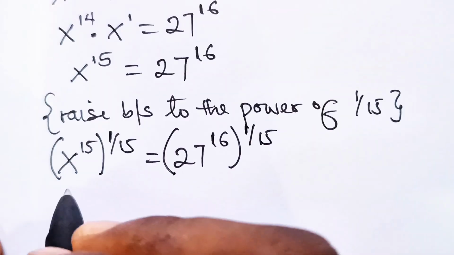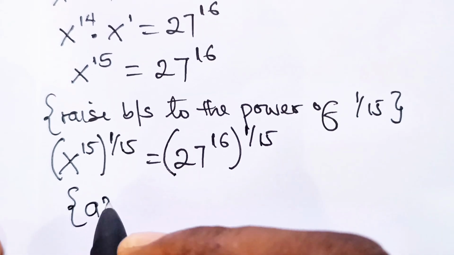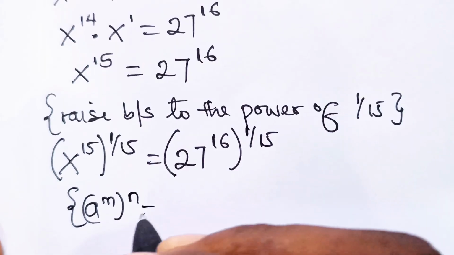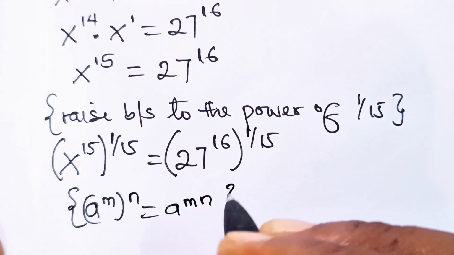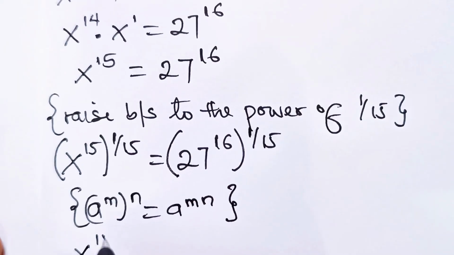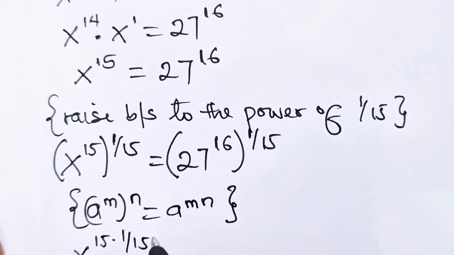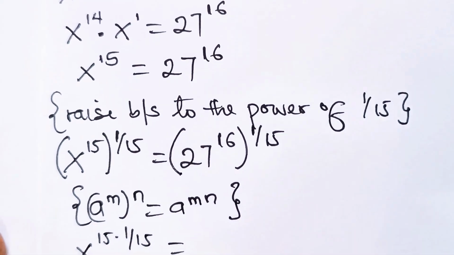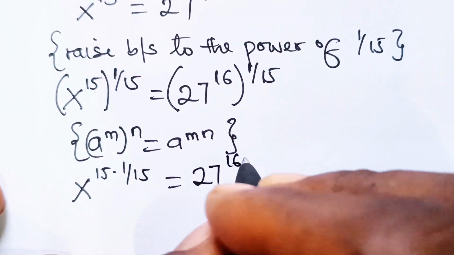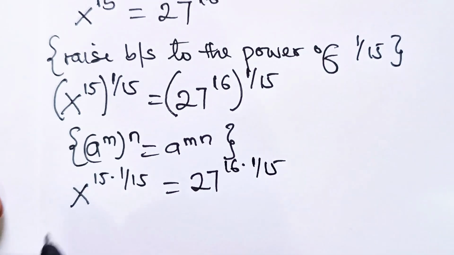Now remember that a to the power of m raised to the power of n is equal to a to the power of m times n. So this is the same as x to the power of 15 multiplied by 1 over 15 is equal to 27 to the power of 16 multiplied by 1 over 15.